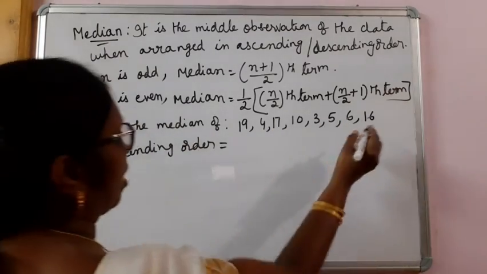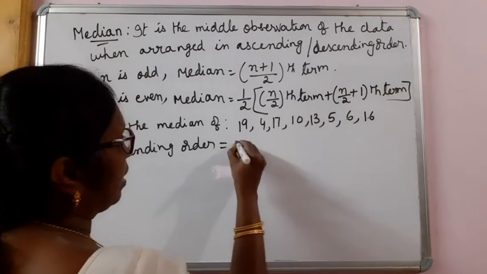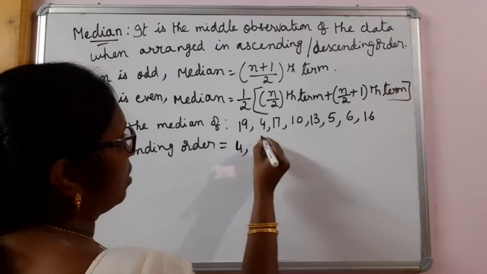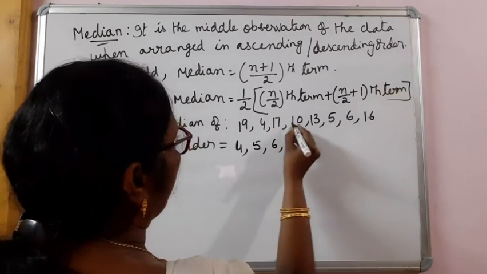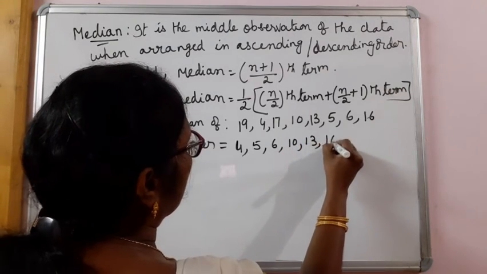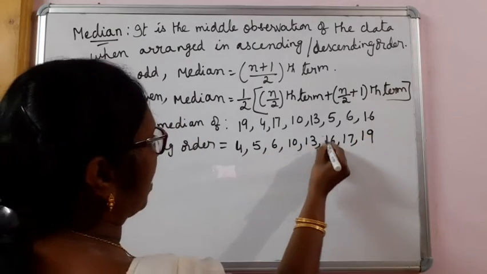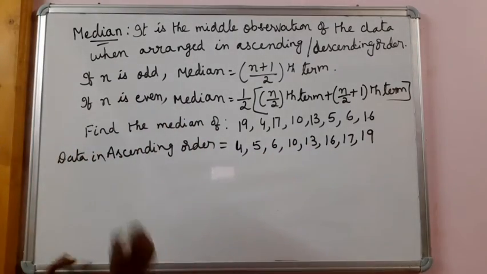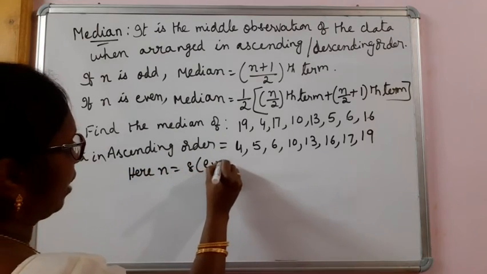Let me arrange the data in ascending order: 4, 5, 6, then 10, 13, 16, 17, 19. 1, 2, 3, 4, 5, 6, 7, 8. Yes. Here n is 8, that is even.